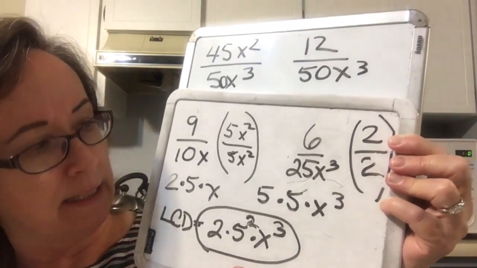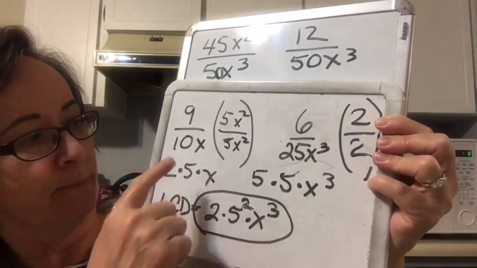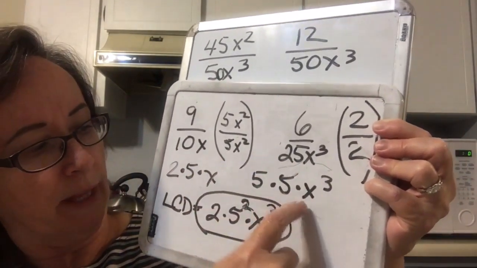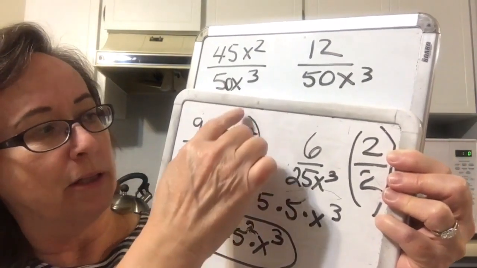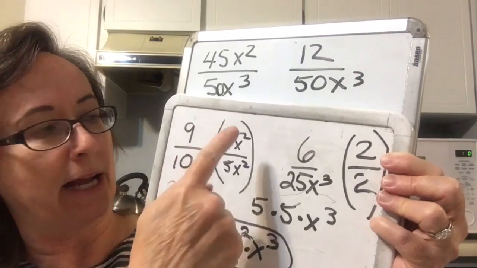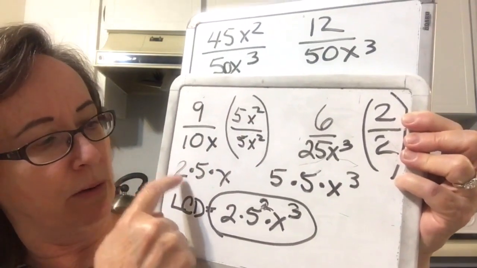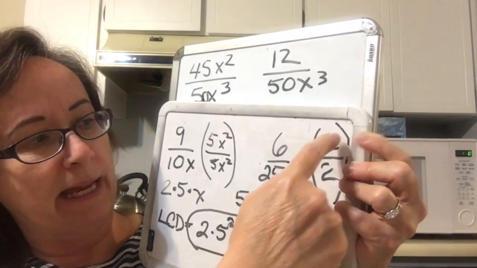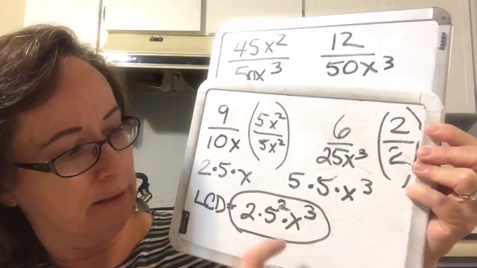because I always write down LCD and circle it. So basically the steps involved are: factor your denominators, build your LCD, multiply your original fraction by what's missing between the old denominator and the new denominator. Do the same thing for the other rational expression or fraction.